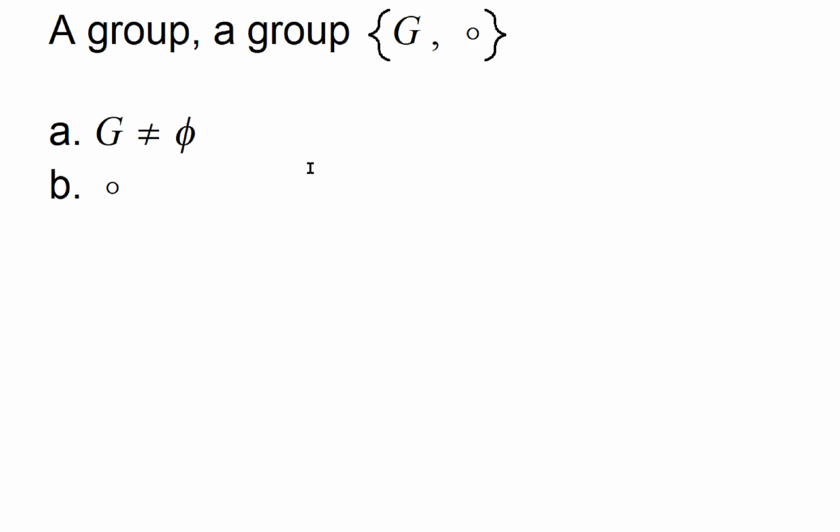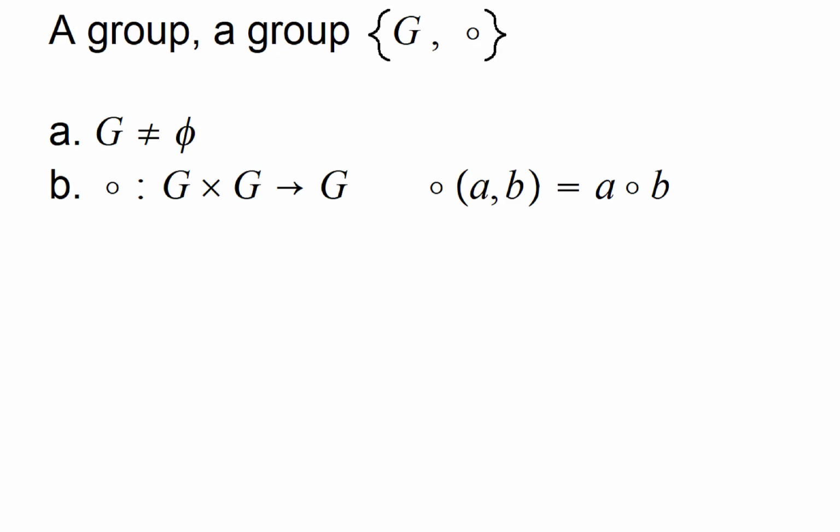Okay, and what is it? This is just a map from G cross G, the Cartesian product of G with G, to G. And what we have is this, that if we take two elements A, B in G cross G, we will call it AOB.